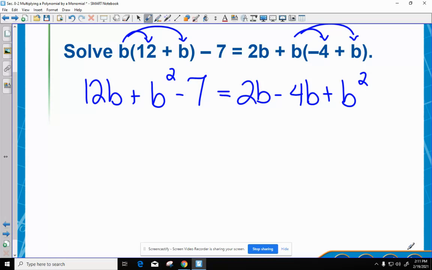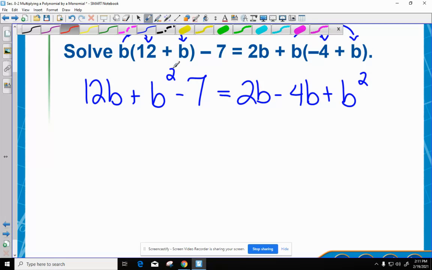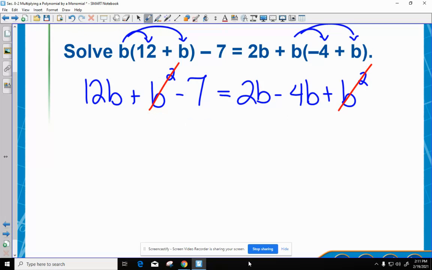We're getting there. For us, though, in this situation, because we have the exact same variable combination, this b squared, on both sides, what happens to it? It cancels. So we're okay for right now because they went away and we still only have a variable with an exponent of 1, which we know how to solve, or at least we should know how to solve.